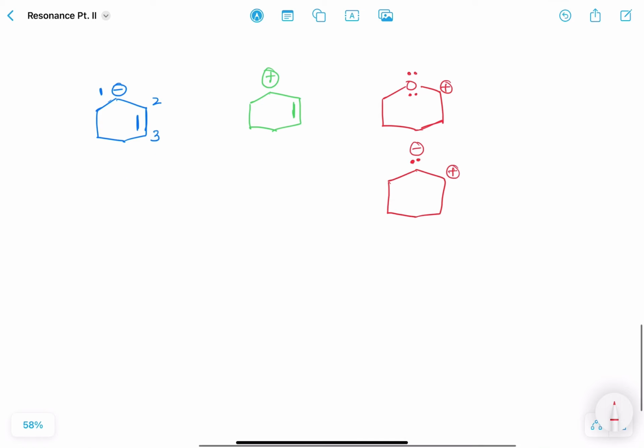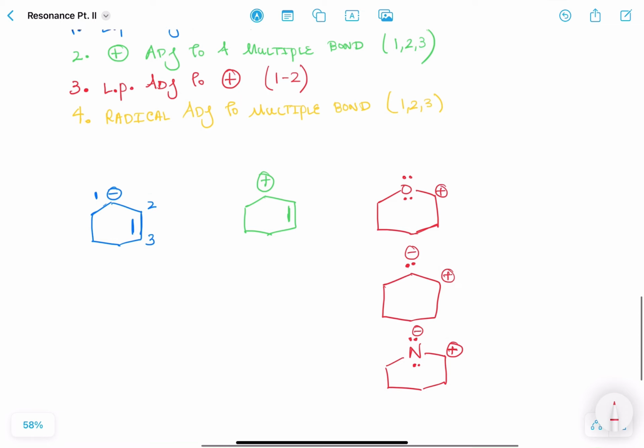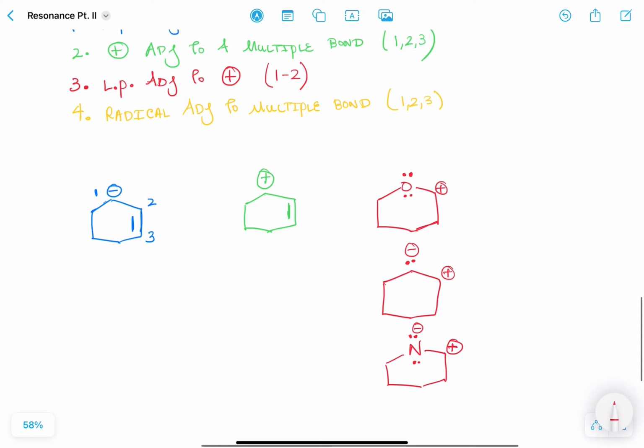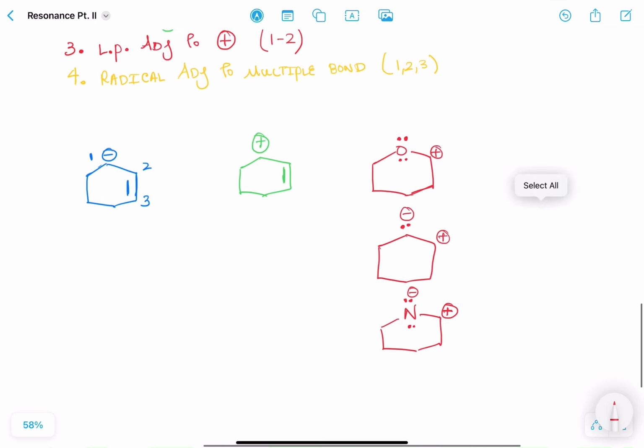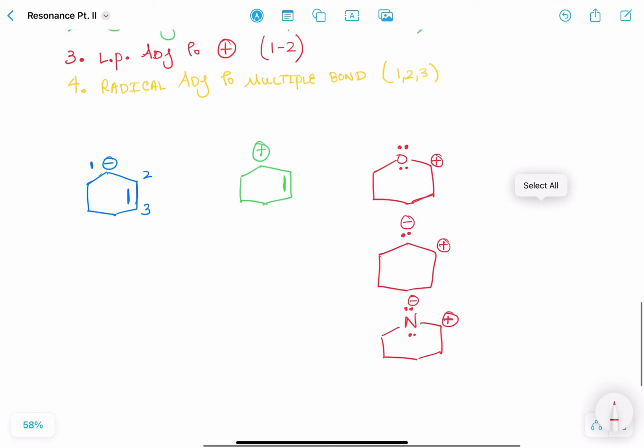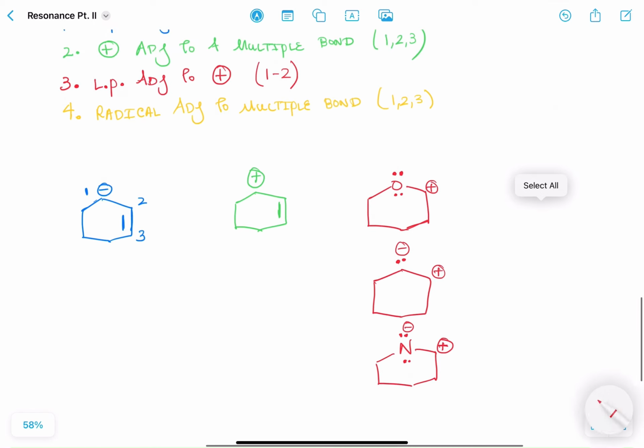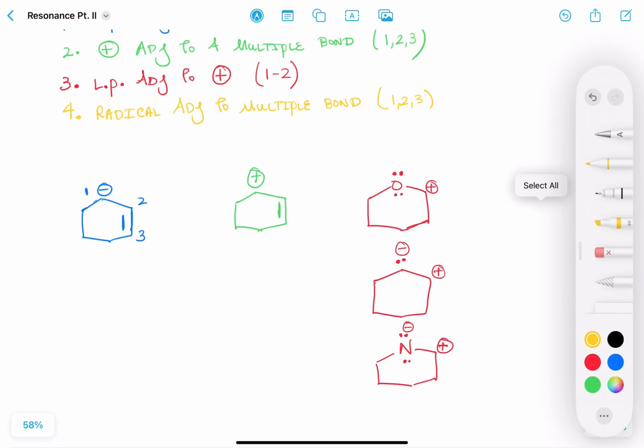I can also do this there. Any type of lone pair right next to a positive charge would be considered as the third type of resonance.